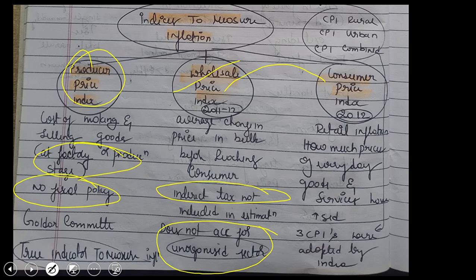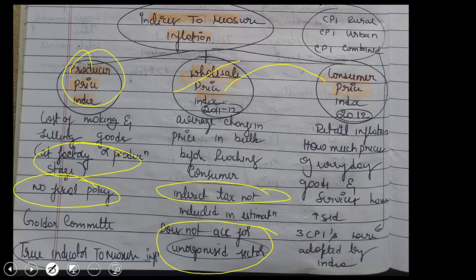Now, what is the unorganized sector? For example, if you compare a person working in a company, he has every facility. The company cannot remove all the employees at a time, right? Instantly they cannot remove the employees. There is a certain procedure, there is a certain backup for them.